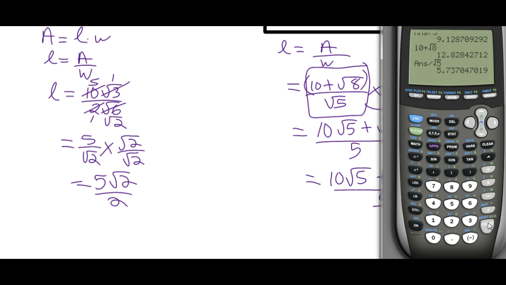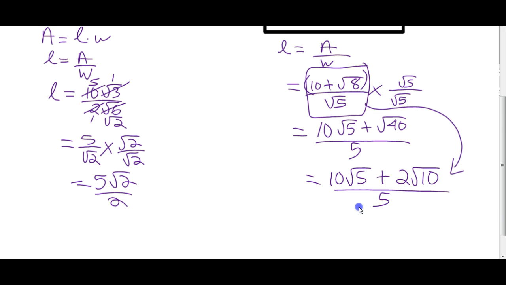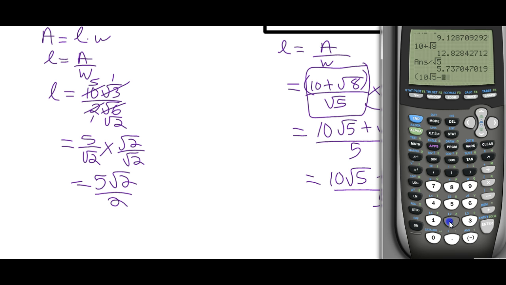Enter, and I'm going to go bracket 10 root 5 minus 2 root 10, 2 root 10 bracket divided by 5.